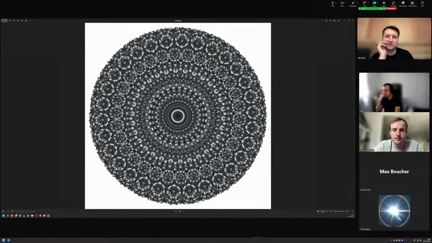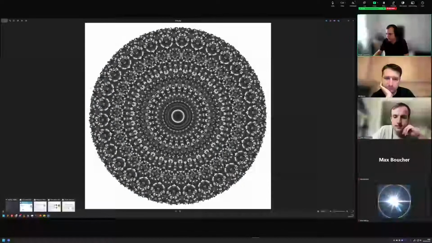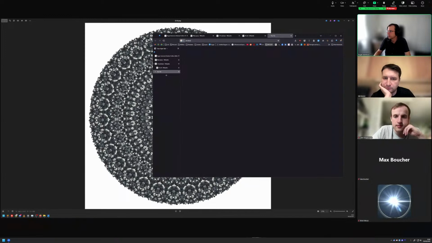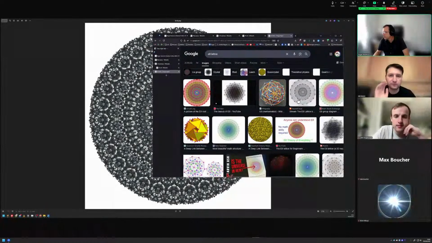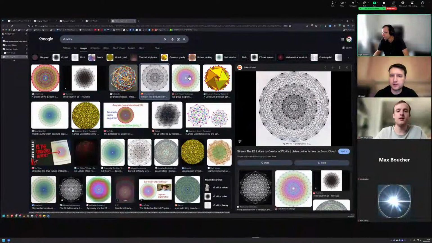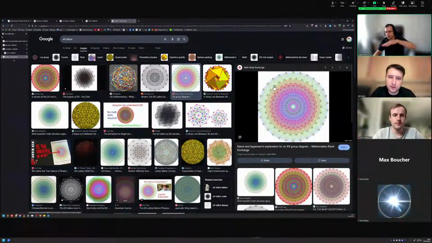I think this is the 30-fold one. When you think of E8, everyone goes to the 30-fold projection. So that Coxeter element of maximal rotational symmetry for E8 has a 30-fold rotation.